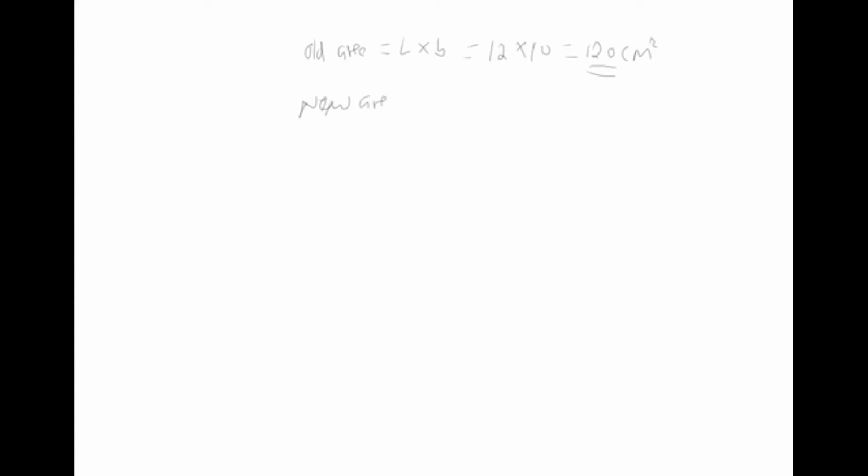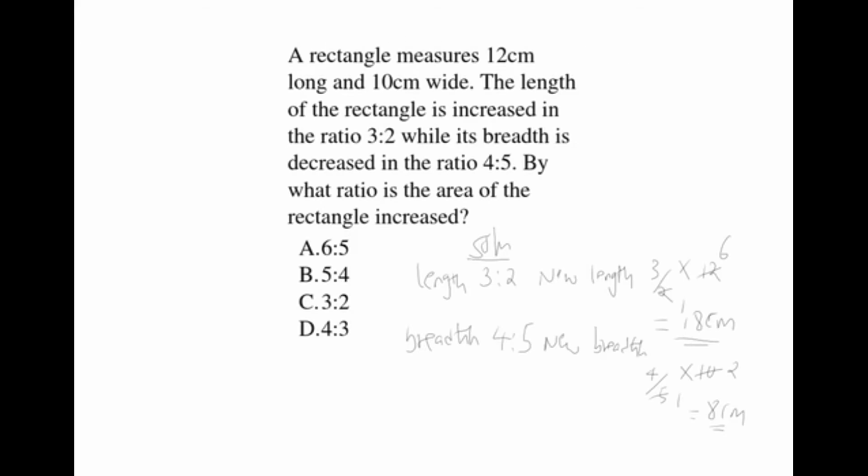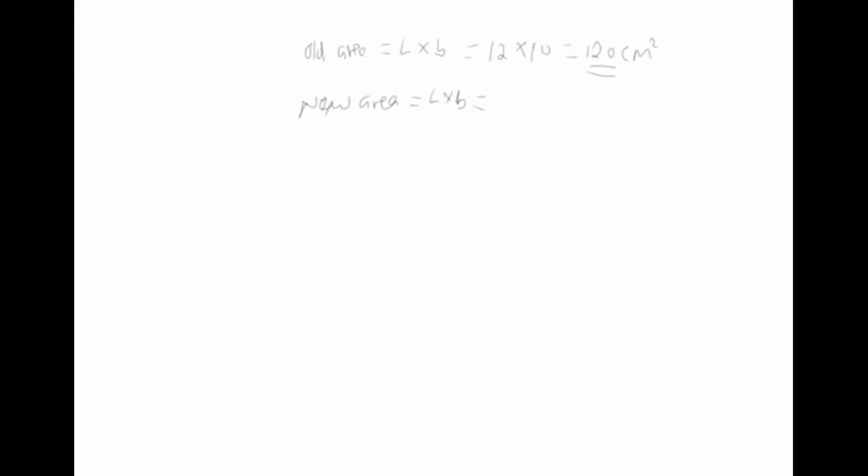Then we have our new area. Our new area will also be given by length times breadth, which will be 18 times 8. 18 times 8, we get 144 centimeters squared.